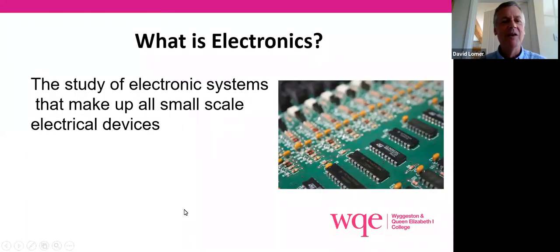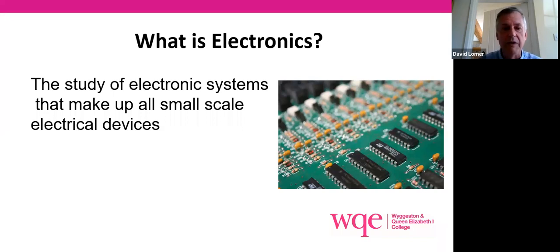Right, so electronics is the study of electronic systems, that's not really surprising, that make up small-scale electrical devices. So you can all think of many things that contain electronics.